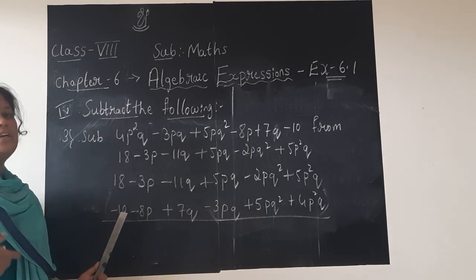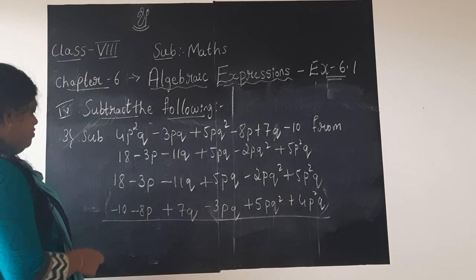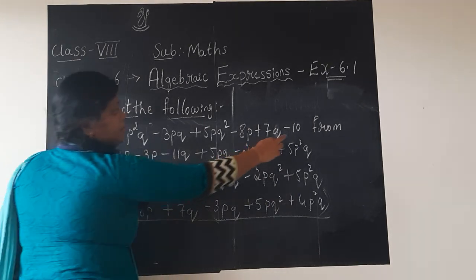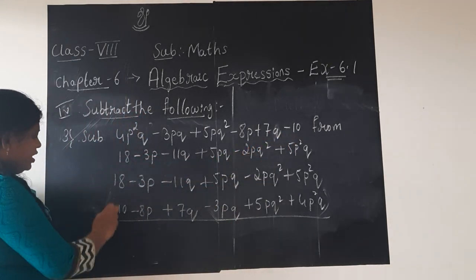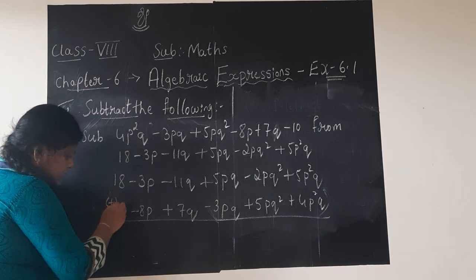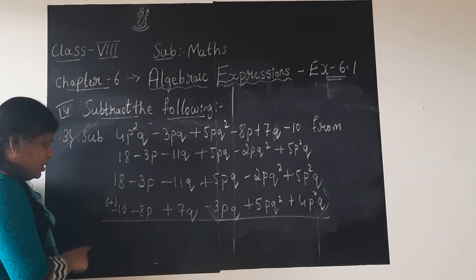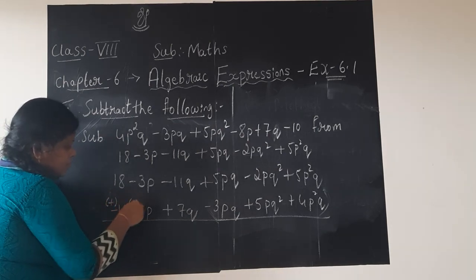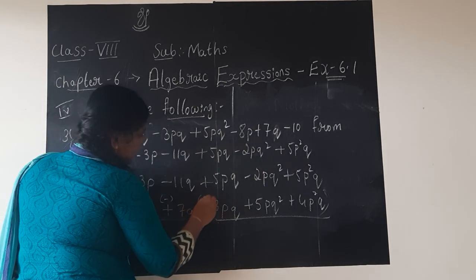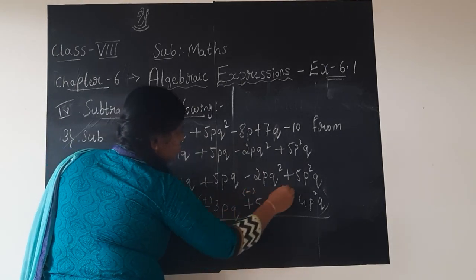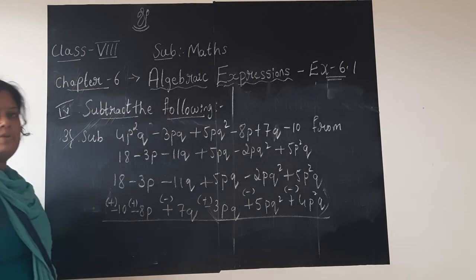Since I am subtracting, I directly wrote the minus sign and simplified. But here the term is minus 10, so I should change the sign of the first term as well. Minus to plus, minus to plus, plus to minus, minus to plus, plus to minus, plus to minus.